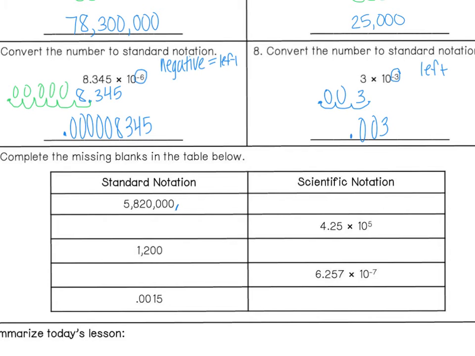So you move your decimal over 1, 2, 3, 4, 5, 6. So my number to get between 1 and 10 is 5.82, and I moved it 6 places, so it's going to be times 10 to the 6th power.